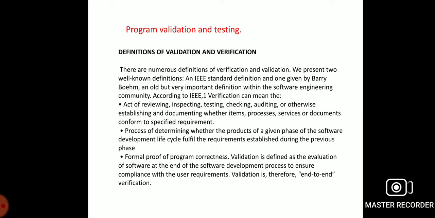So it is the process of determining whether the product of a given phase of the software development cycle fulfills the requirements established during the previous phase, and the formal proof of program correctness. Validation is defined as the evaluation of the software at the end of the software development process to ensure it complies with the user requirements. So validation is therefore the end-to-end verification.